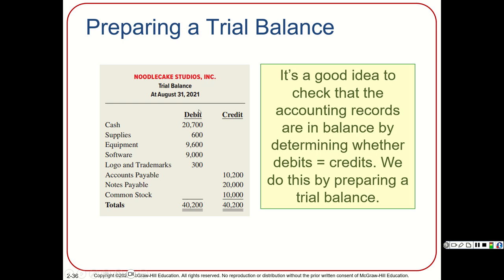This time around, all of the assets have a normal balance listed on the debit side, and all of your liabilities and your equity have the normal credit balance, so everything matches your $40,200. Your debits equal your credits.